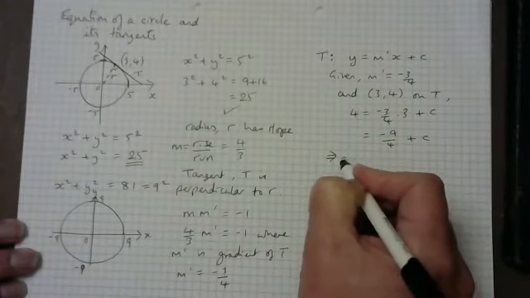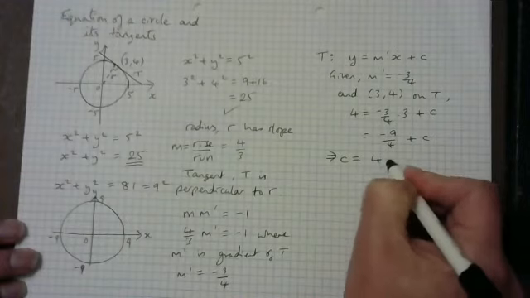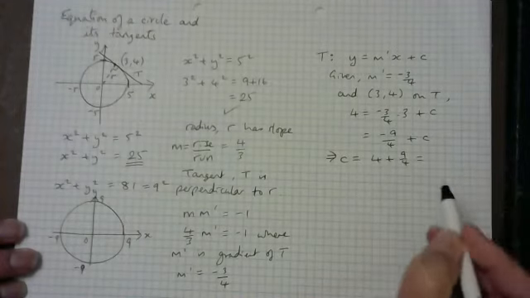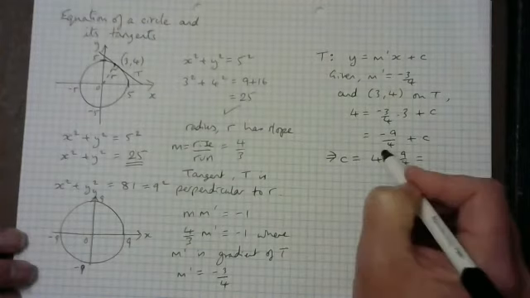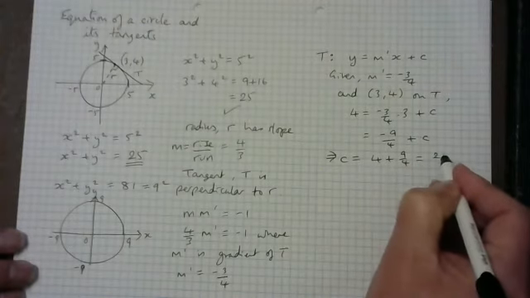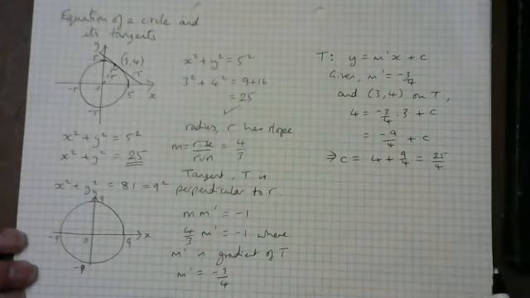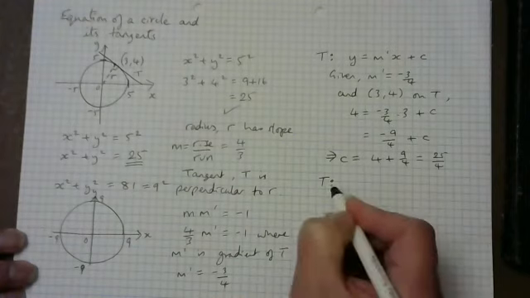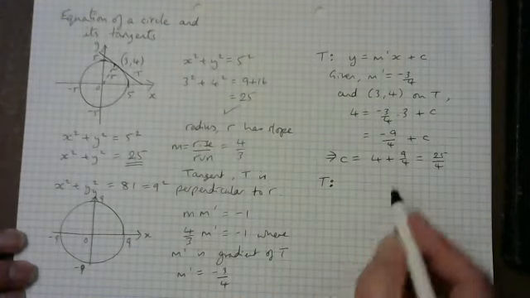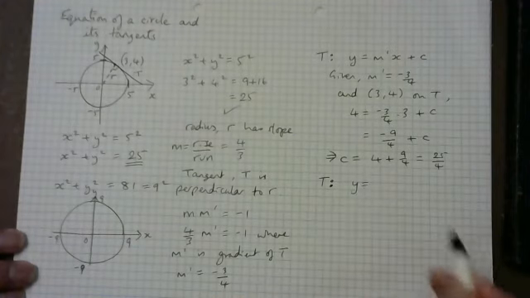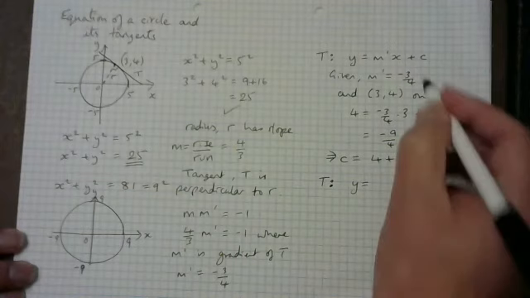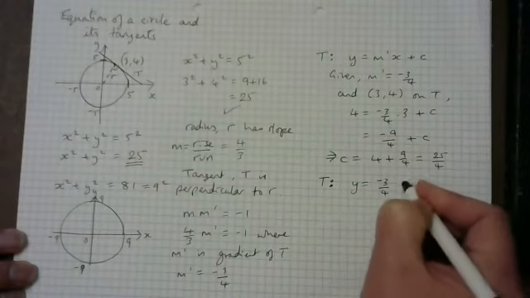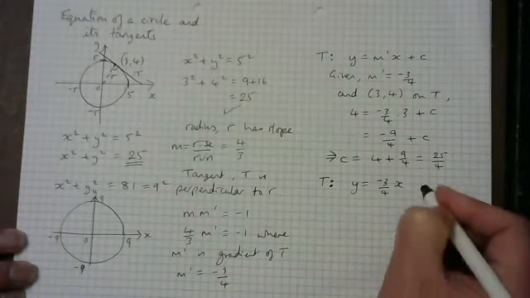That implies that c equals 4 plus 9/4 equals, let's turn this into over 4, 16 plus 9, 25/4. t is such that, the two dots just mean is such that, y equals, I've got m prime, -3/4, x, and 25/4.